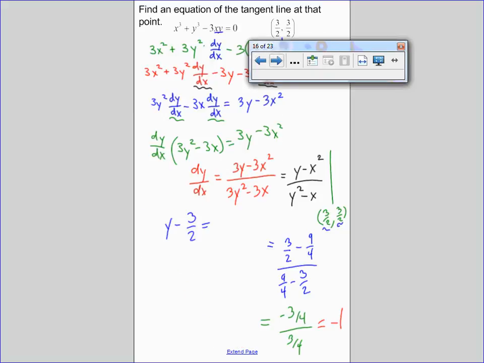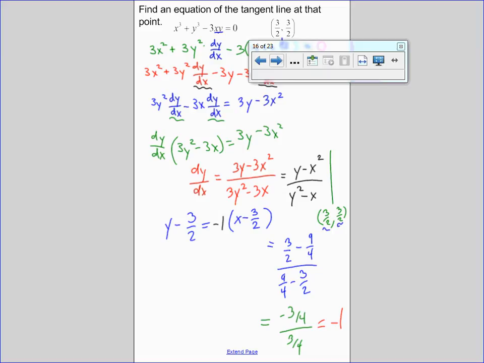I get negative 1 times x minus 3 halves. Awesome.